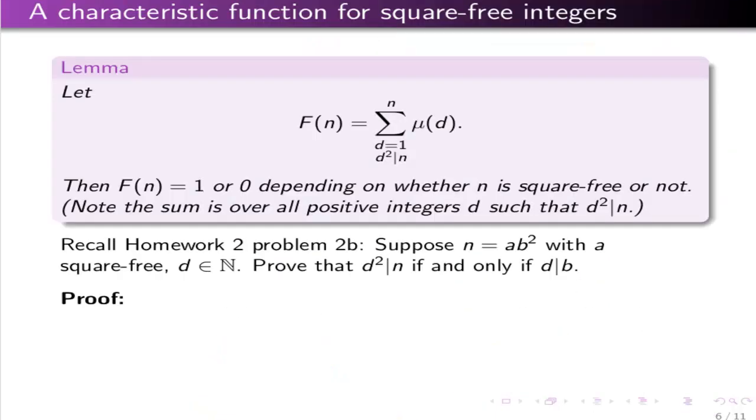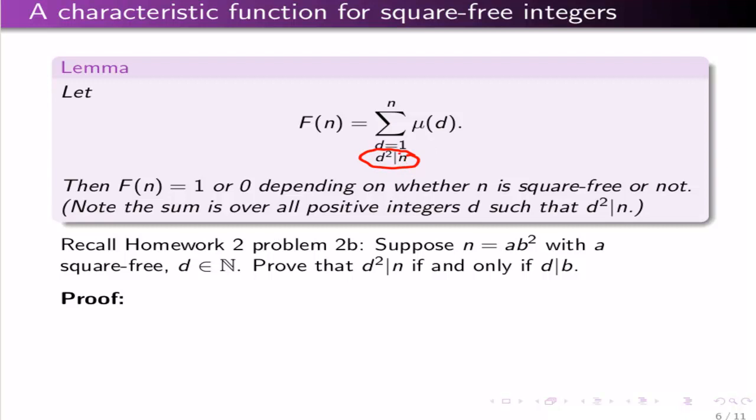Okay, next, let's do another example. Let's find a characteristic function that will identify square-free integers. So I claim the following. Let's define capital F to be the sum over d going from 1 to n such that d squared is a divisor of n, of mu of d. So it's a little different constraint than we had before. Here I want d squared to be a divisor of n.